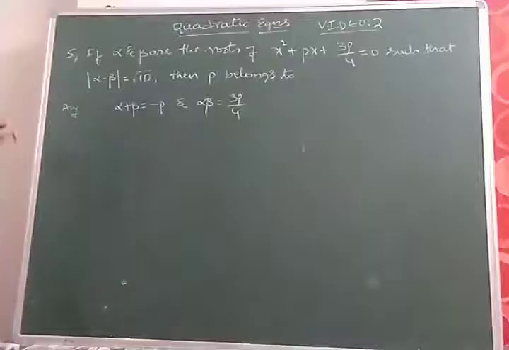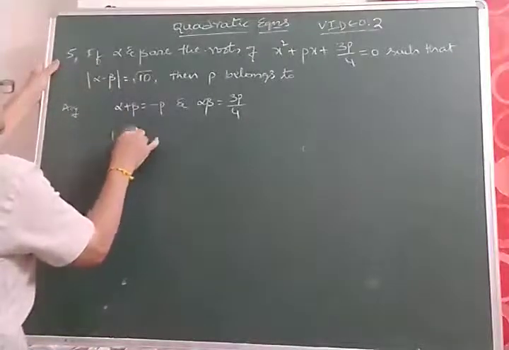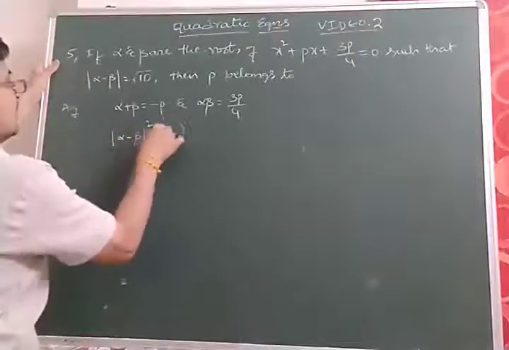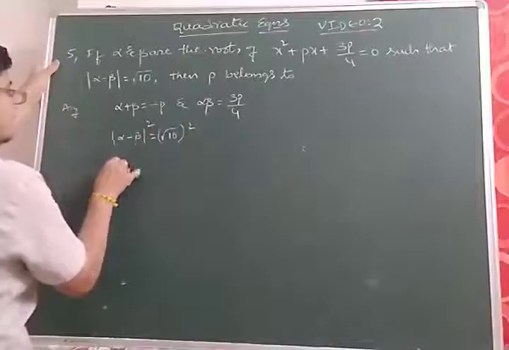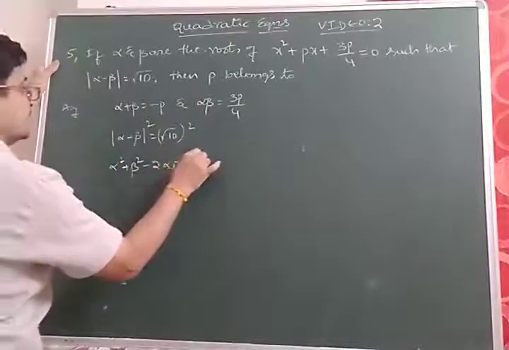And given modulus of alpha minus beta is equal to root 10. Now applying squaring on both sides, we write alpha square plus beta square minus 2 alpha beta is equal to 10.